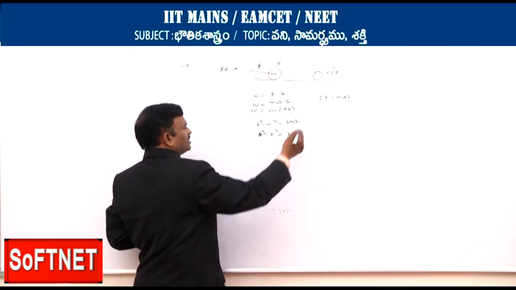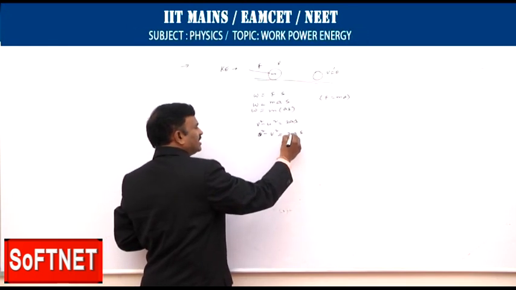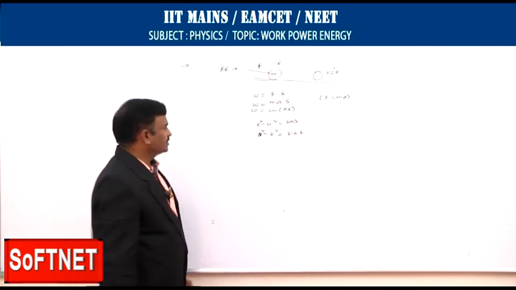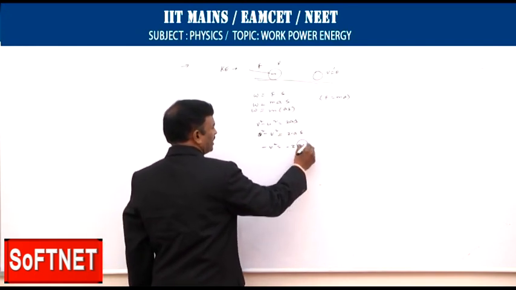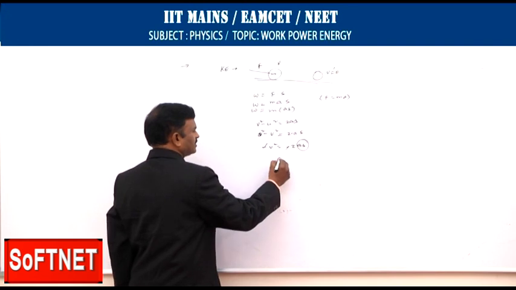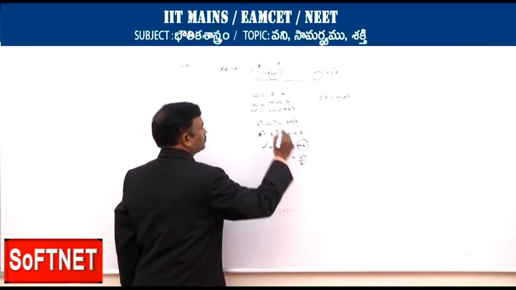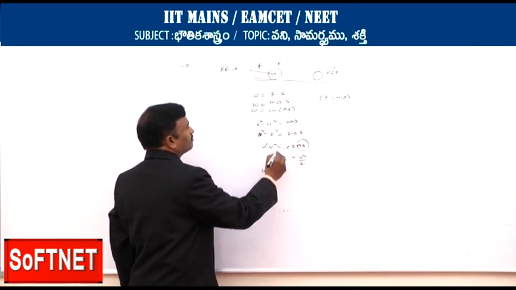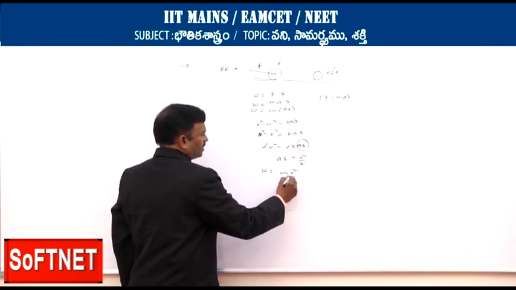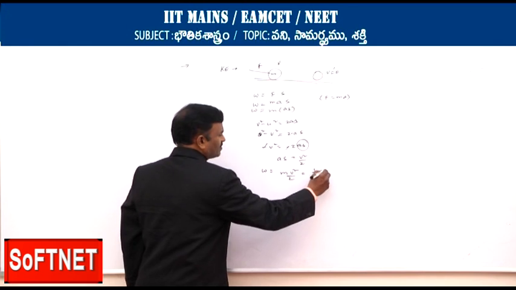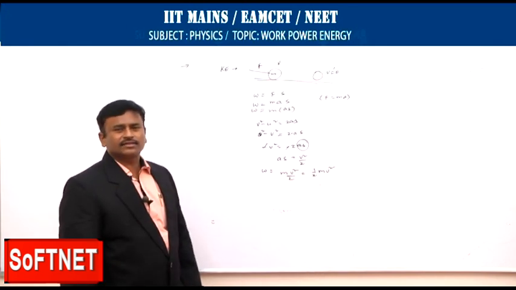It is coming to rest, that is the reason it is retarding, we can take minus. So minus v square is equal to minus 2as. So minus minus get cancelled, a into s is v square by 2. In that sense, the work done is equal to m into v square by 2. This is the work done.